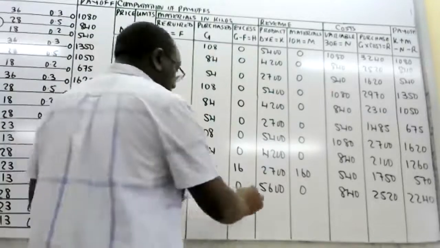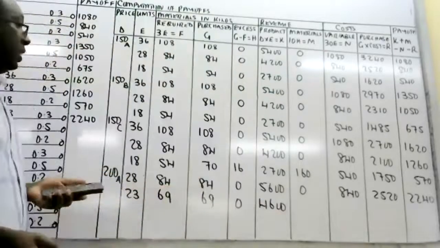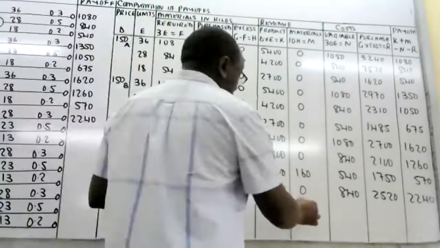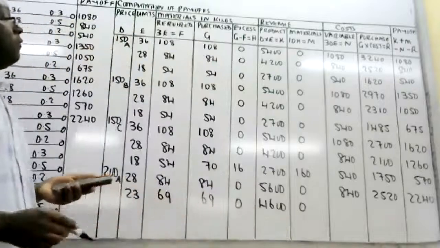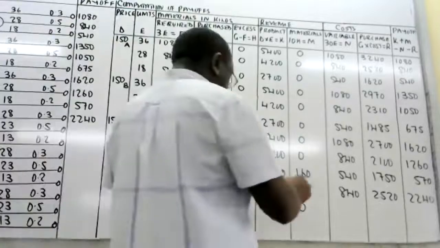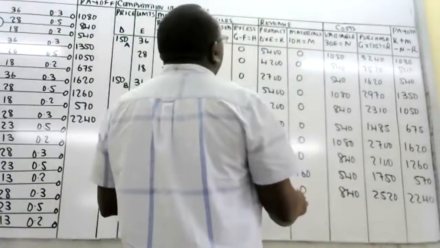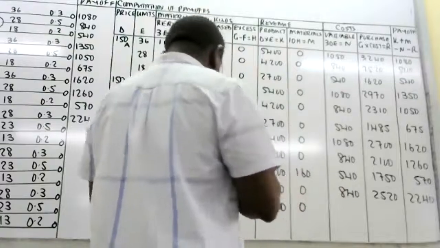That is 4,600. For the materials, it is 0. For the variable, I have done the wrong thing.